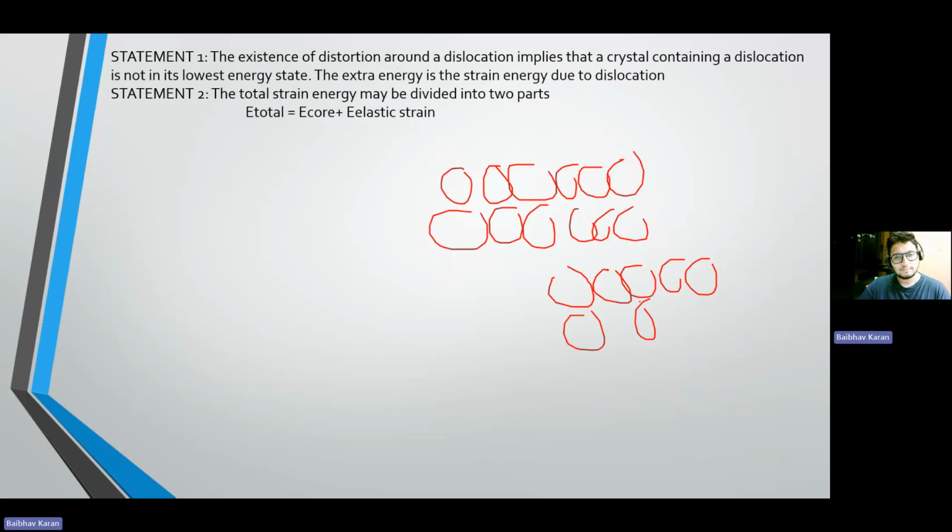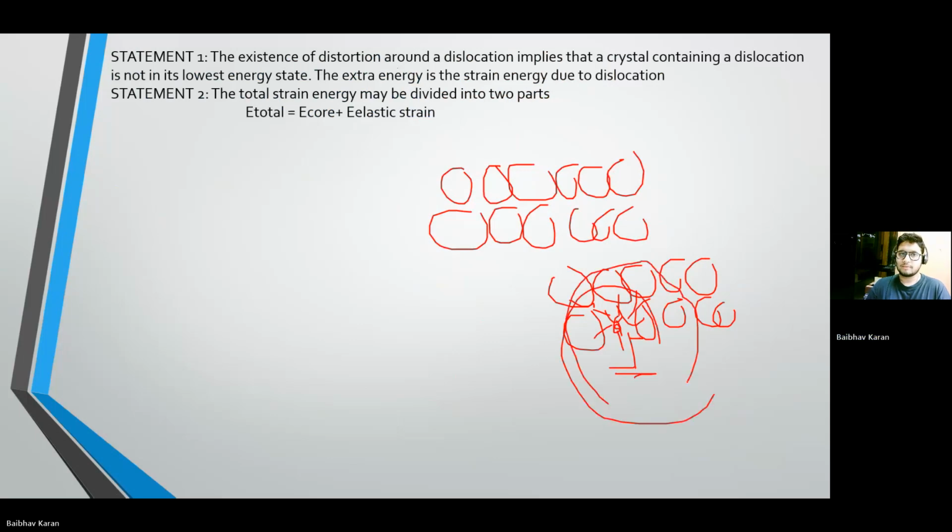There is a missing half plane. This missing half plane creates bond disturbances in the surrounding atoms. What is this disturbance? This is the existence of distortion.